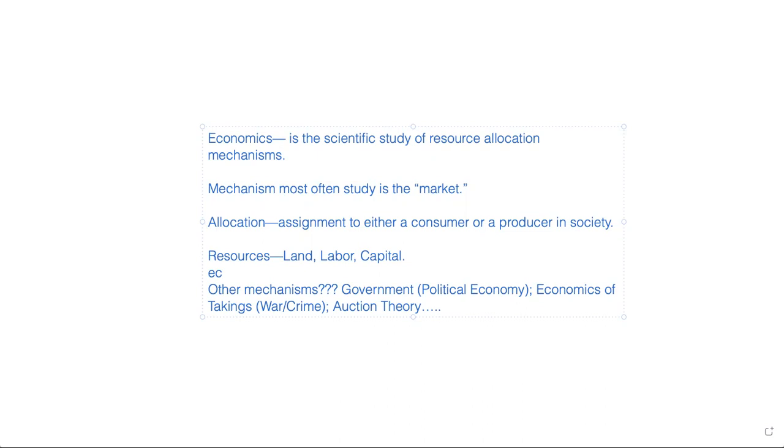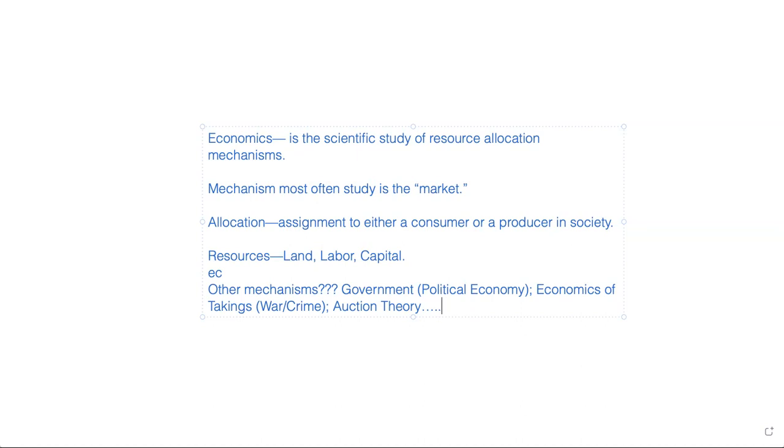So a lot of what we'll be studying in this class at the beginning is that markets are influenced by government policy, and most of the examples we'll show at the beginning of the class, price controls being one and taxes being another, have what economists have identified as undesirable or negative impacts on the way those mechanisms function.